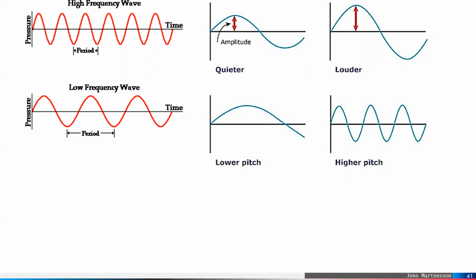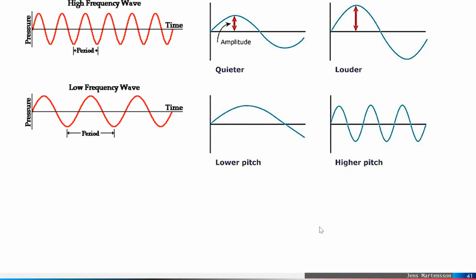A very important part is the similarity between amplitude and loudness. In fact, the loudness is the same as the amplitude. So if you have a higher amplitude, you get a louder sound.